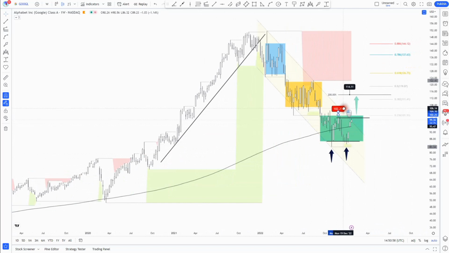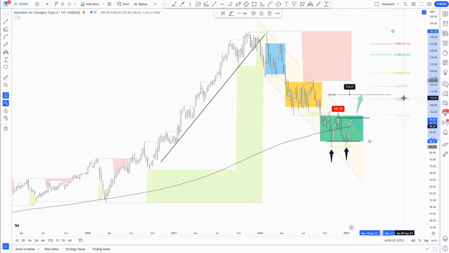Wait for a breakout of this fractal. That should trigger a move towards 114.11. This is the 200% Fibonacci extension level, and also the 38% Fibonacci retracement projected just a couple of points below at 111.41.